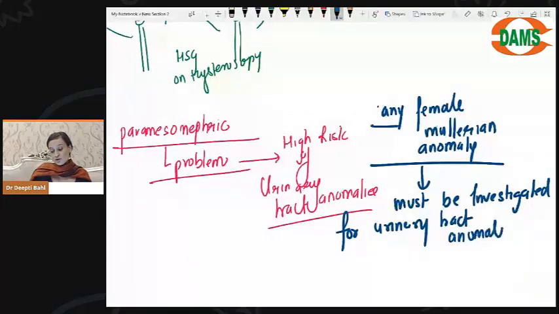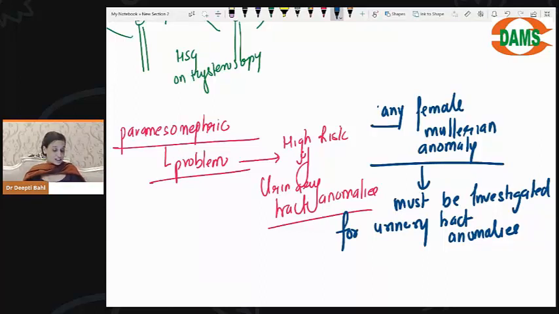So you must get an ultrasound KUB done, and if required, an IVP done, right? You need to get ultrasound KUB or IVP, but what you need to know is that you have to investigate her for urinary tract anomalies as well. So all females who have Mullerian anomalies must be investigated for urinary tract anomalies.